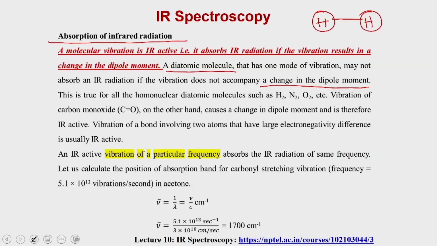So, H2, N2, O2, all these kinds of molecules are not going to show the IR radiation.